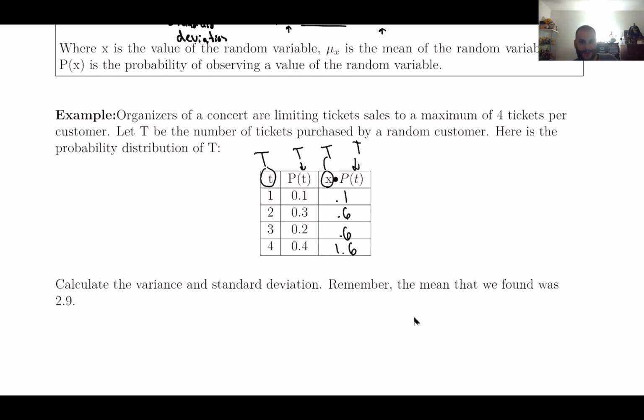All right, so you get 0.1 plus 0.6 plus 0.6 plus 1.6. You get 2.9. So the mean of x is equal to 2.9. But we already knew that because we already did this problem. So this is stuff we already knew. Let's do stuff we don't know.